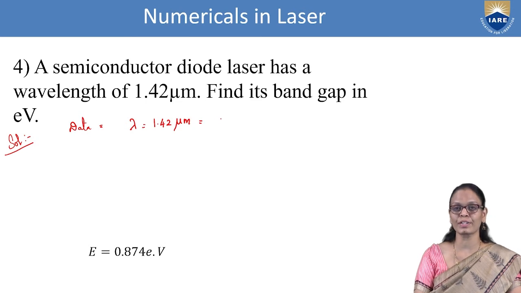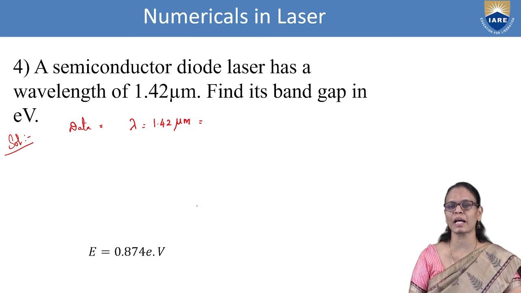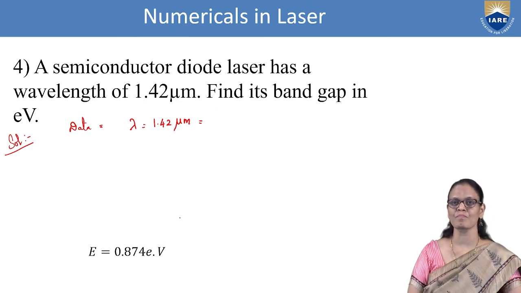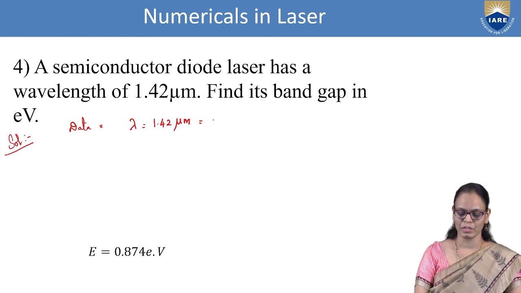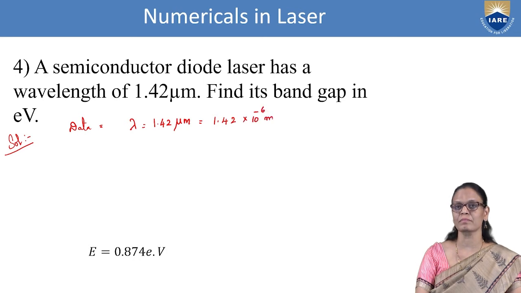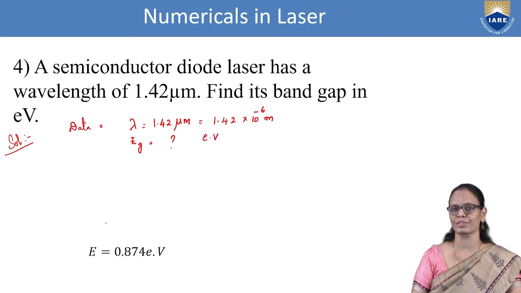Micrometer we have to convert into meter because we'll be doing the entire numerical in SI system. So we need to convert this to meter. So 1.42 into 10 power minus 6 meter is the value of lambda, and we have to find Eg. Eg we have to find and also express it in electron volt.